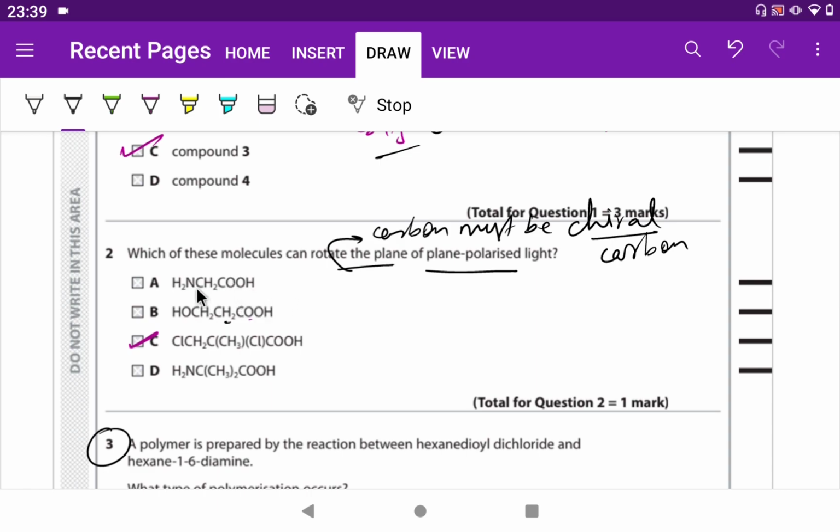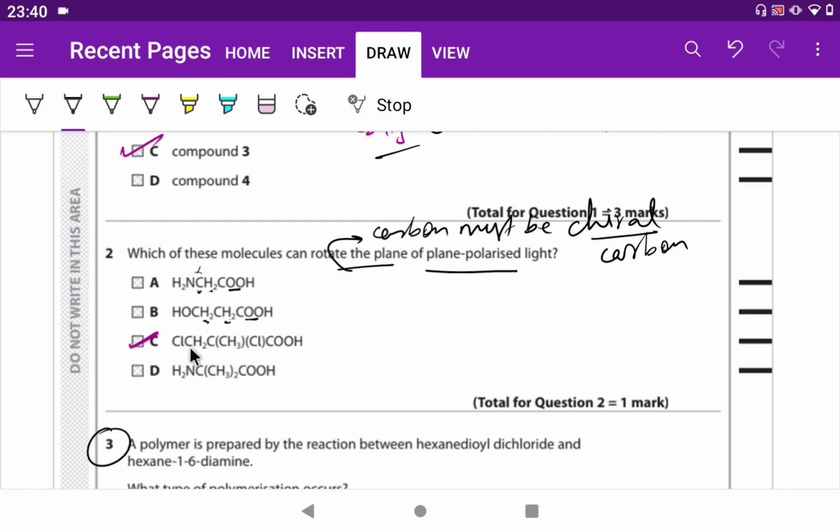So here this carbon is connected to 2 hydrogens, so it can't be. This carbon is also connected to 2 oxygens. This carbon is connected to 2 hydrogens and 2 oxygens, so this is also not a chiral carbon.